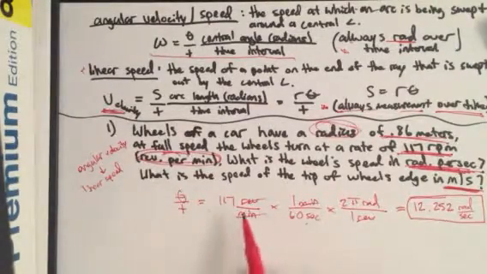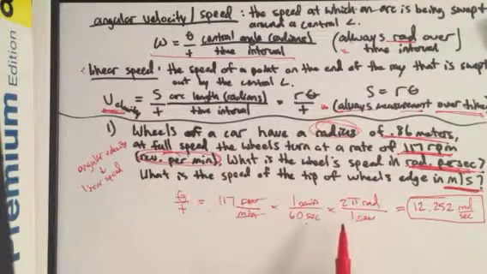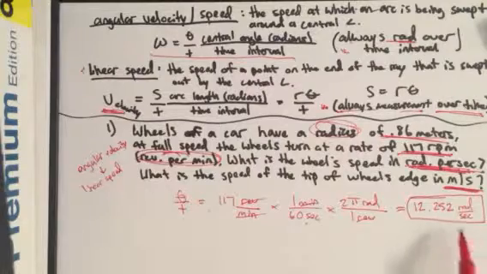And now we need to get rid of this revolution. So how do we do that? If you remember back to the unit circle, maybe you haven't gotten there yet, but pi radians is 180 degrees. 2 pi is 360 degrees, and that would be a full revolution around the circle, or the wheel in this case. So a full revolution is going to be 2 pi radians.